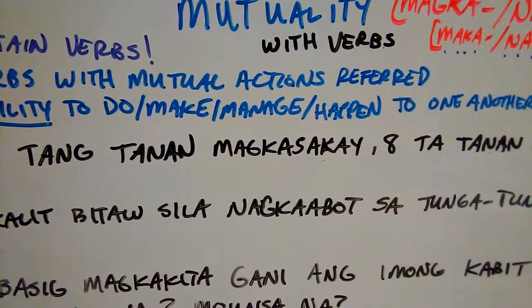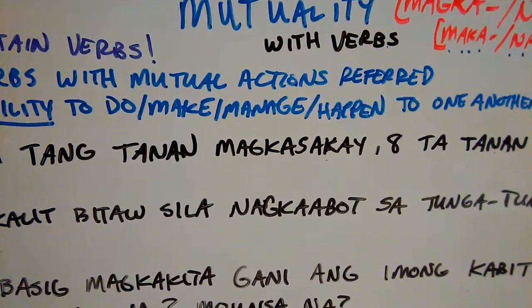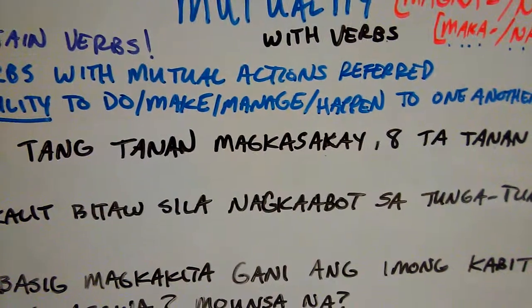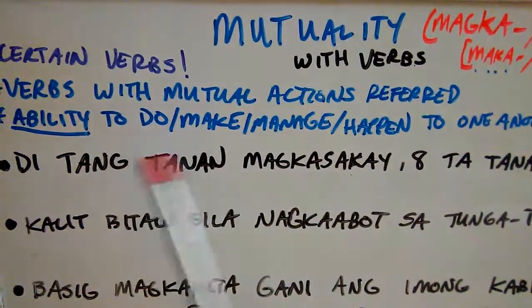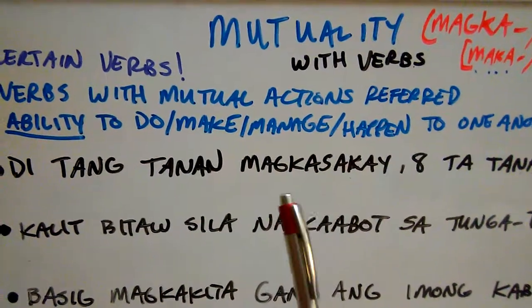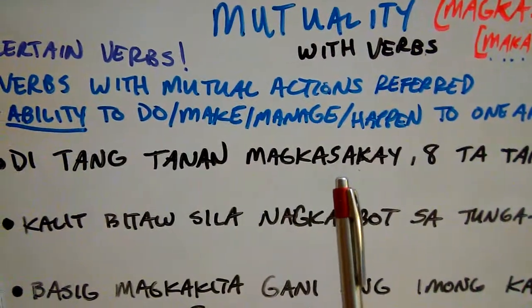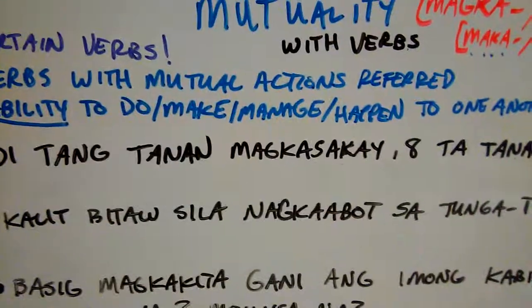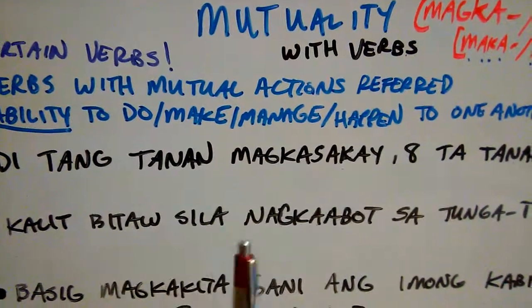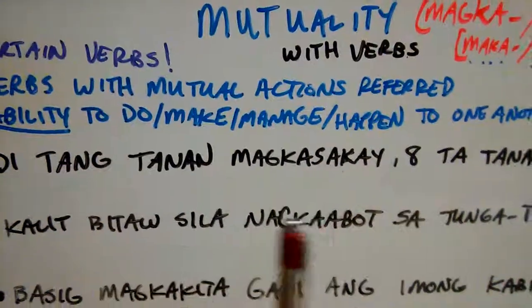Maybe the jeep was broken, or there are just too many of us to ride. We all can't do it at the same time. It expresses ability, so we have the ability to ride, but at the same time, since it's plural, more than one person is involved, as in mutuality.